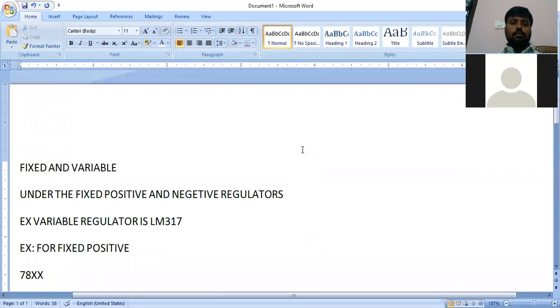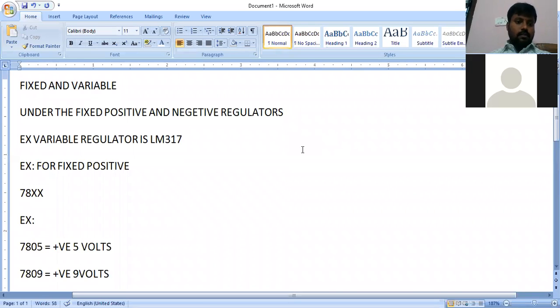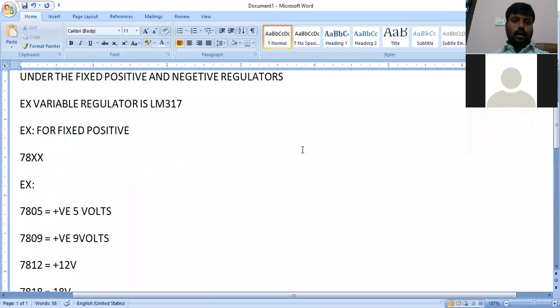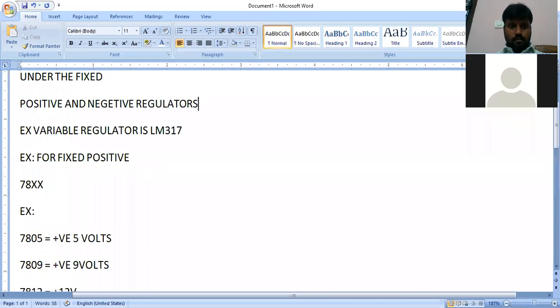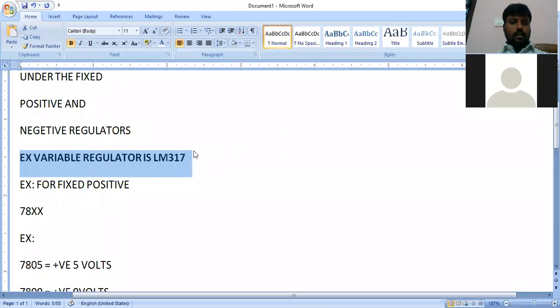So this is about IC voltage regulators: fixed voltage regulators and variable IC voltage regulators. Under the fixed one, there are two types again, positive and negative. Example for variable regulator is LM317.